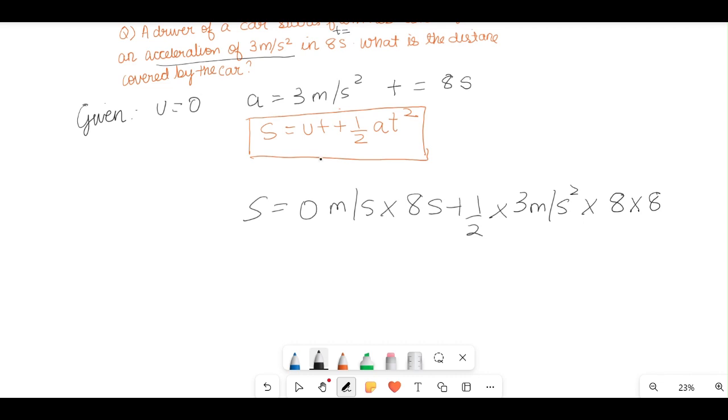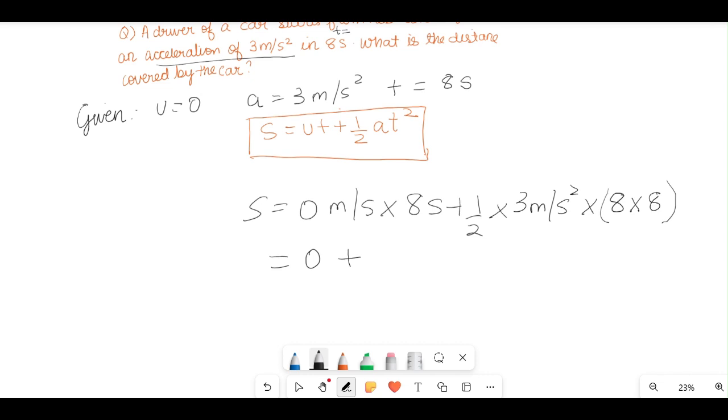I'll repeat again. 0 is your initial velocity. Time is 8 seconds plus half into acceleration, 3 meters per second square, into 8 two times because it is t square.